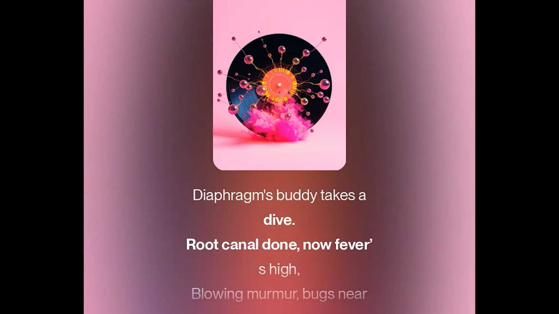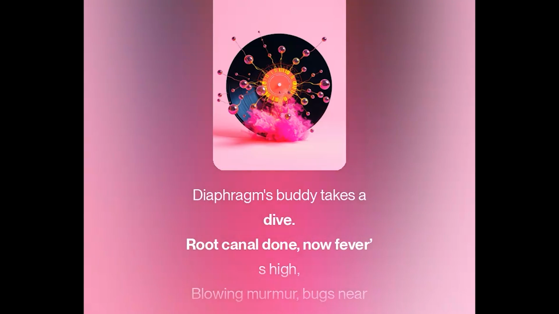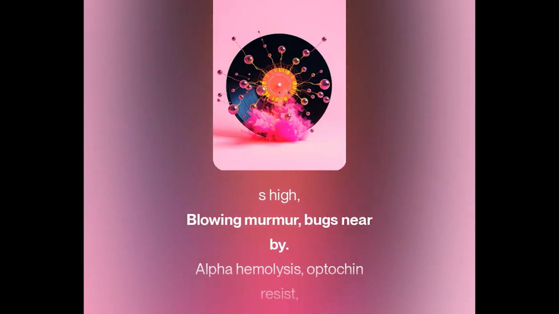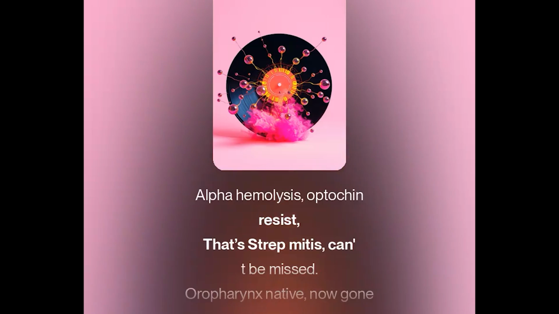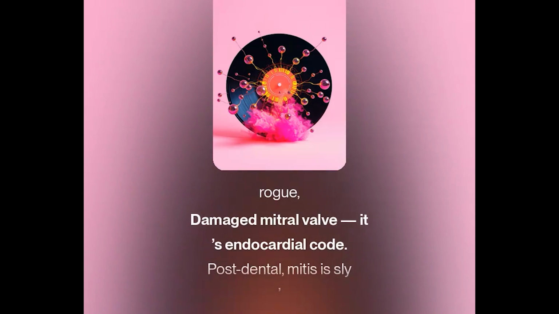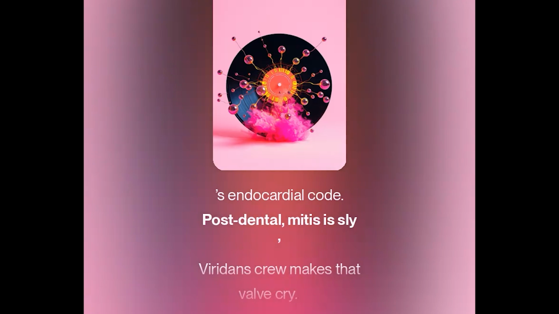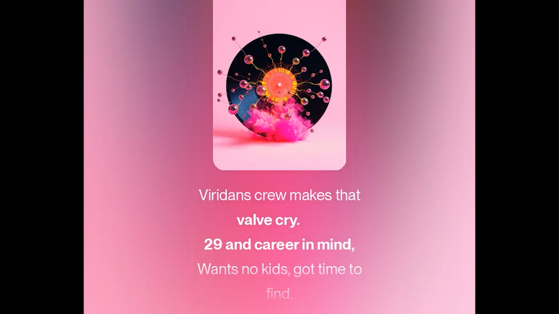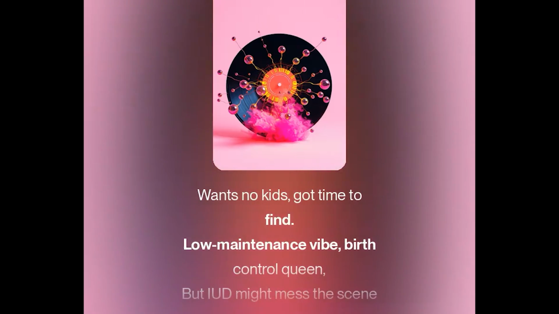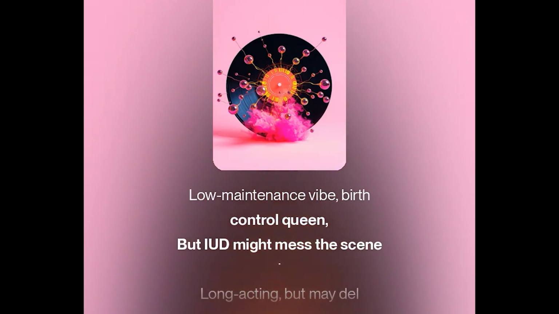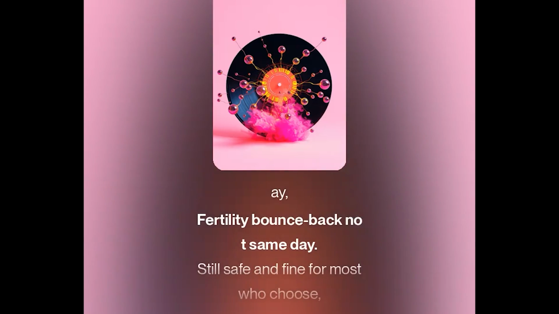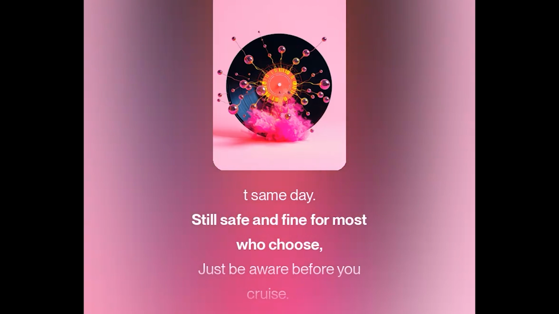Forget the vagus, forget the duct. Phrenic nerve, the one that's stuck. Root canal done now, fever's high. Blowing murmur, bugs nearby. Alpha hemolysis, optochin resistant, strep mitis can't be missed. The pharynx native, now gone rogue. Damaged mitral valve, ascending cardio code. Post-dental, mitis, it's sly. Endocarditis crew makes that valve cry. 29, the career in mind. Once no kids, got time to find. Low maintenance vibe, birth control queen. But Depo might mess the scene. Long acting, but may delay. Fertility bounce back, not the same day. Still safe and fine for most to choose.